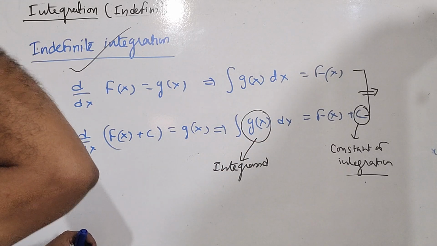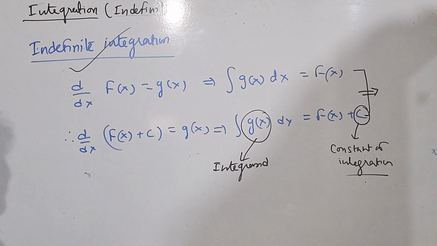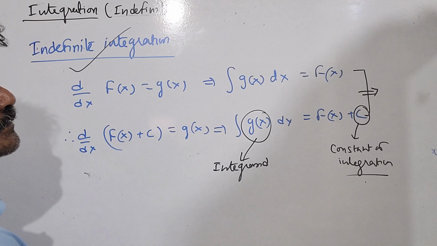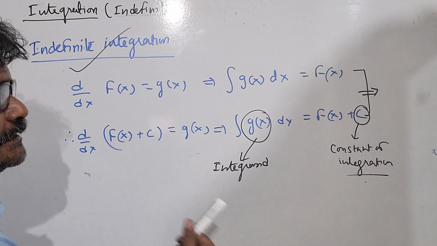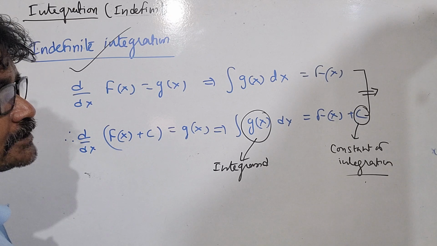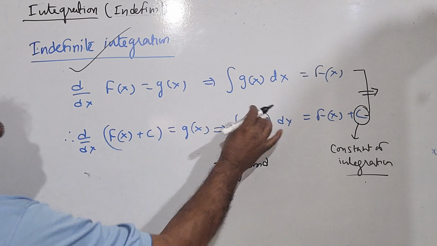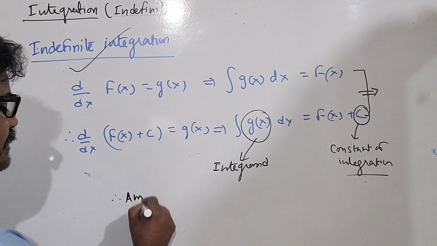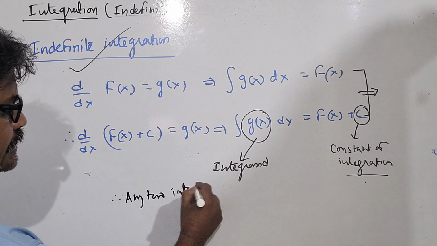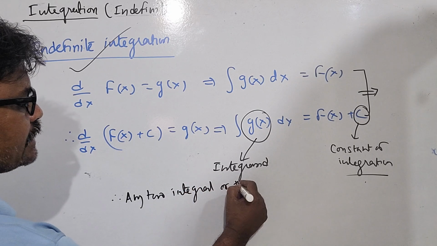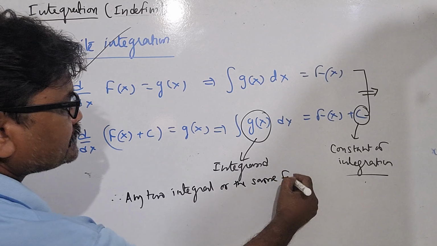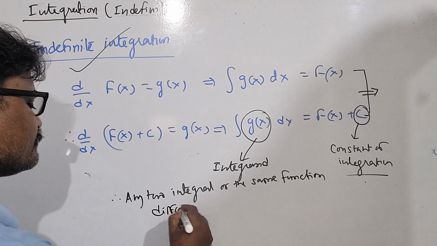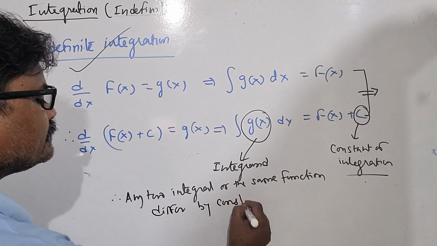The integration of a function gives the entire class of functions whose derivative is this function. Correct? So any two integrals of the same function differ by a constant only.